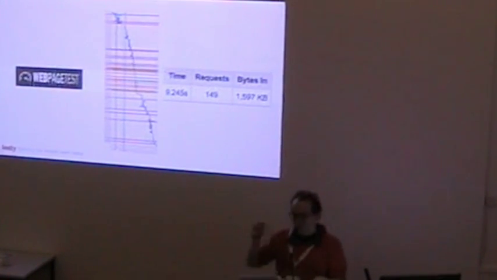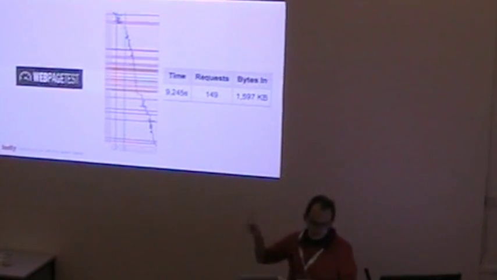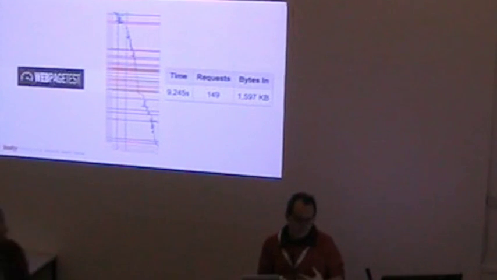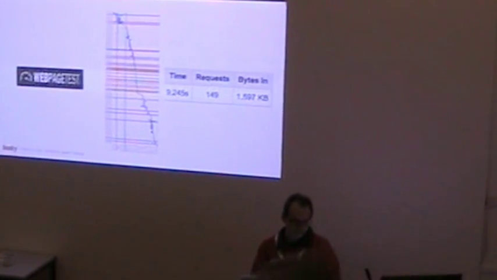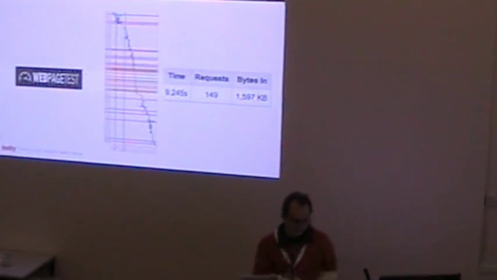And it takes over 9 seconds to request all of these things. You can get little charts of how long it took. You can also do this in Chrome with developer tools, or in Firefox with web developer tools. You get much more information than I can present in a 20-minute talk. So for all of those little requests, it took a long time. And that's why it takes up to 9.2 seconds.